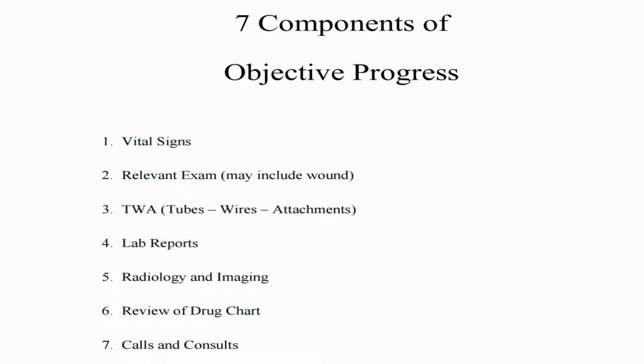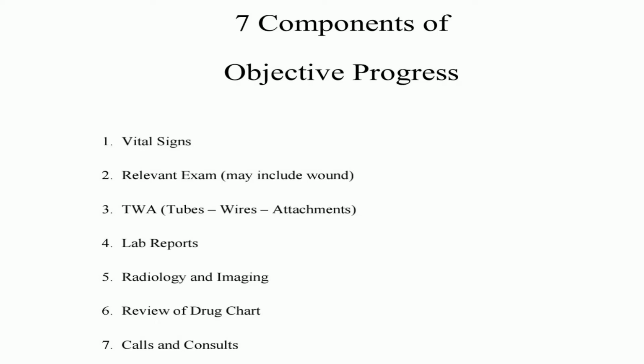So you have to observe and then write down 7 different things in the objective part of this progress taking. And these 7 different things are: number 1, vital signs; number 2, examination of the patient. And this is basically a focused or relevant examination of the patient, which may or may not include examination of the wound. Then third is tubes, wires and attachments.